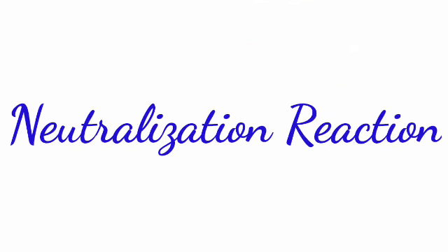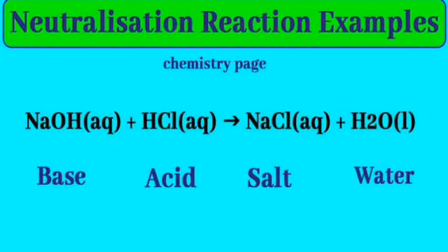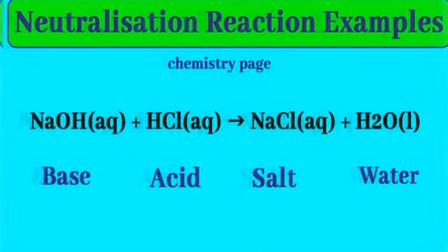Next, a neutralization reaction. The reaction in which an acid and a base react to form salt and water is called a neutralization reaction. In that, both acid and base neutralize each other. Here the sodium replaces hydrogen from hydrochloric acid, forming sodium chloride, a neutral soluble salt.